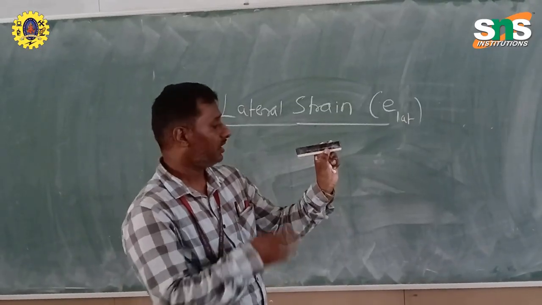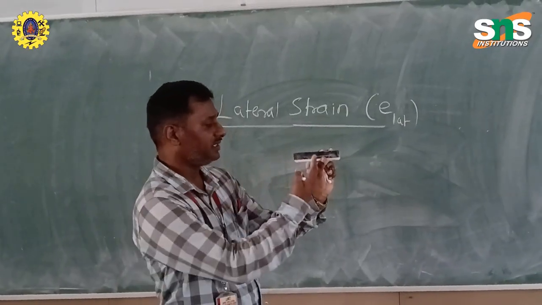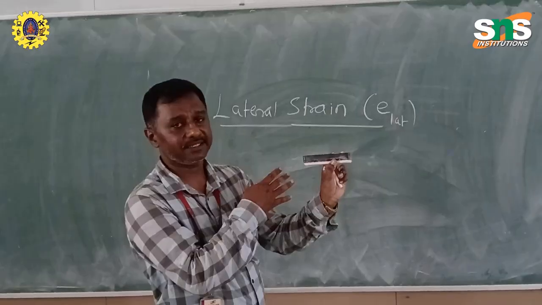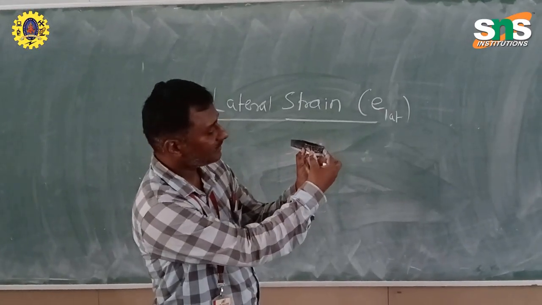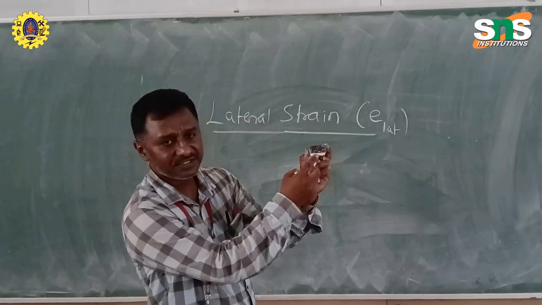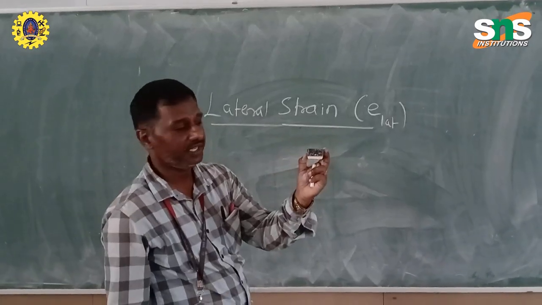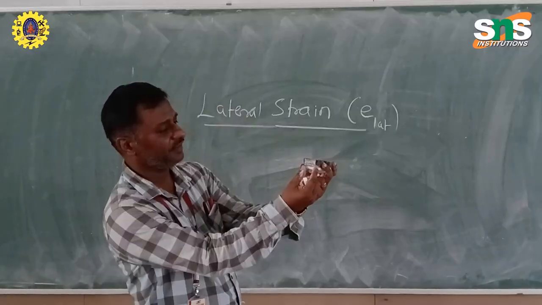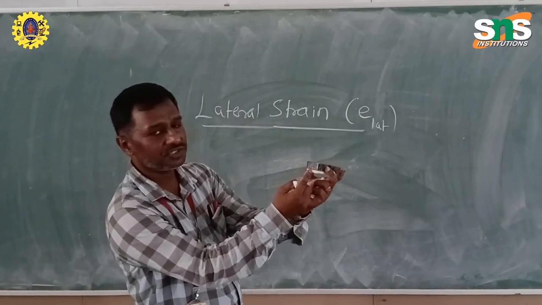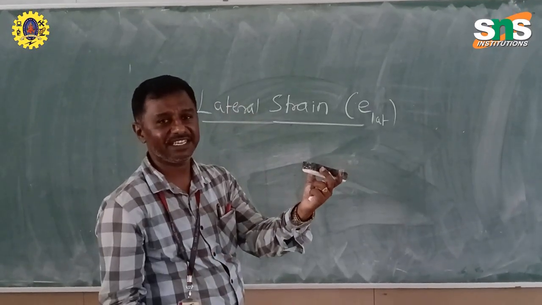Now we are going to concentrate on other than the length, such as the thickness or the face of the width. Instead of the length, we concentrate on this face. So the change in width to the original width is called lateral strain.